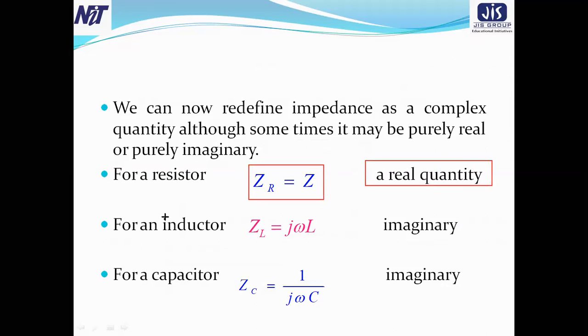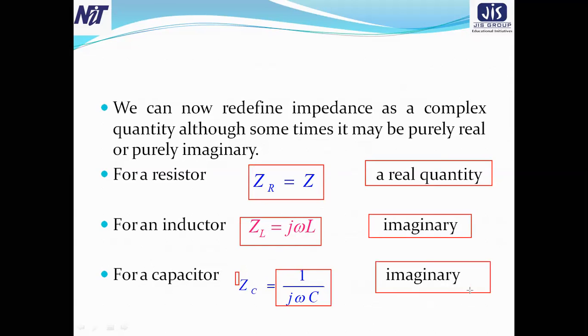For an inductor, ZL equals J omega L, that is imaginary. And for a capacitor, we also know that ZC equals 1 by J omega C, that is also imaginary. Sometimes it may be purely real or purely imaginary. Is it clear to all?